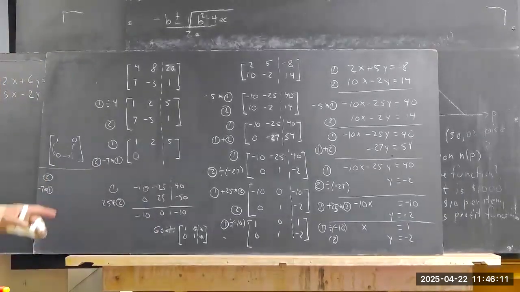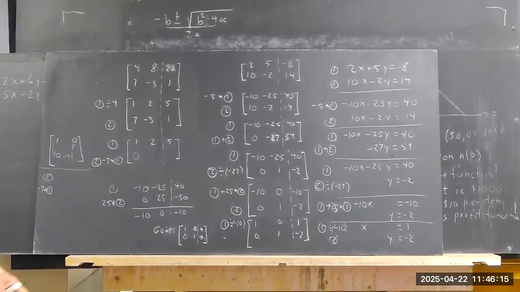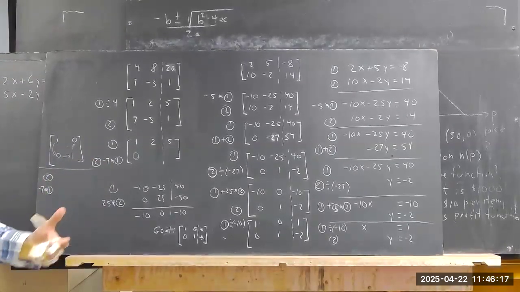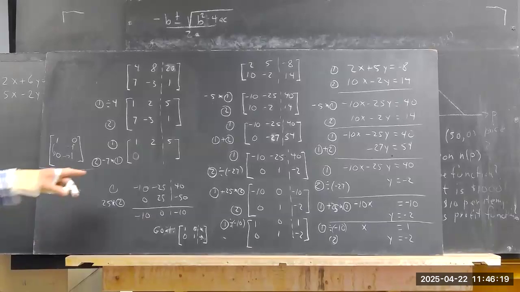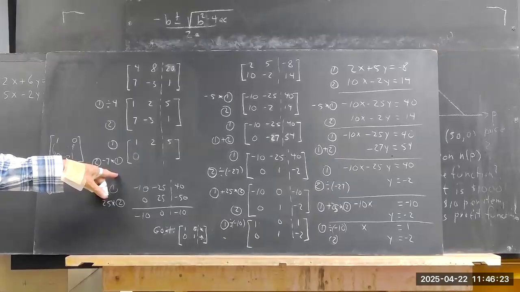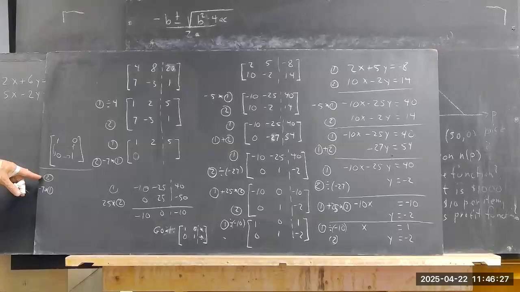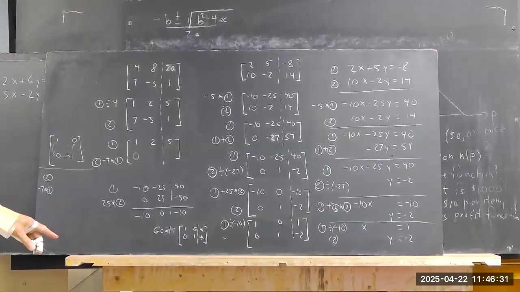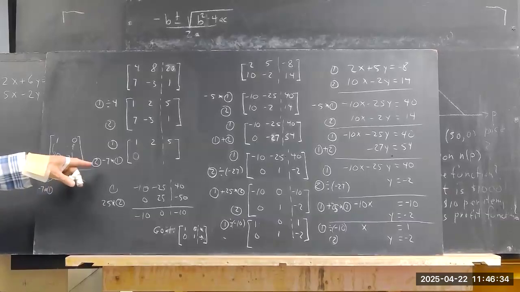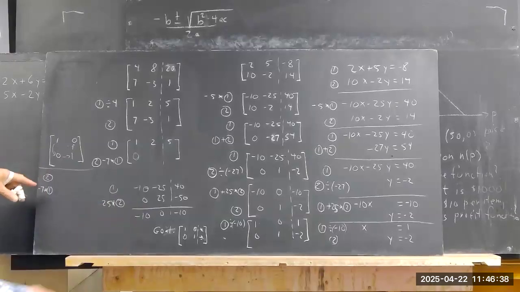And then what I said was, we want to do row two minus 7 times row one. It might not be totally clear to you why we do that, but we have to do this accurately. In order to do this, we have to write out row two, and we have to write out negative 7 times row one. We don't write it all at once.